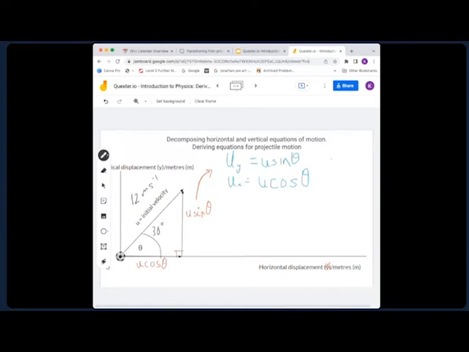We can then say the initial vertical velocity is equal to u sine theta. So the initial vertical velocity is equal to 12 multiplied by sine 30. Does anyone know what sine 30 is off the top of their head? I don't. Can't lie, I have to do a diagram to figure it out.